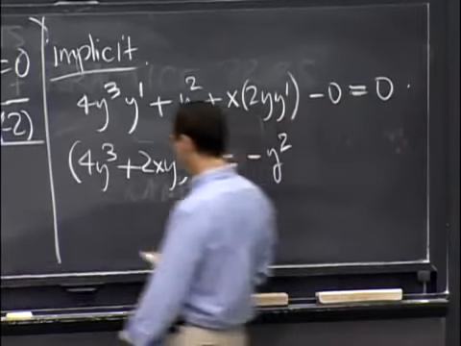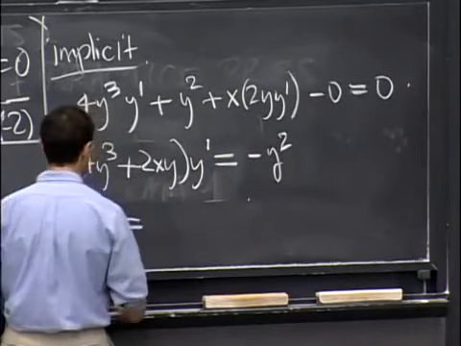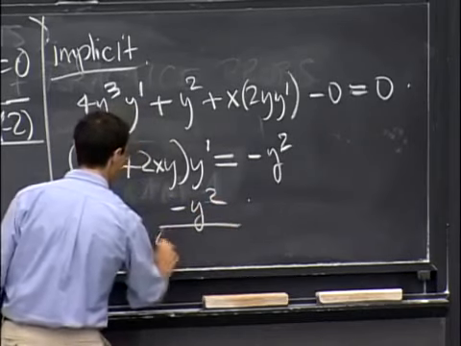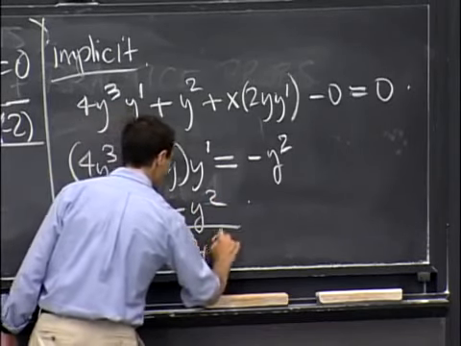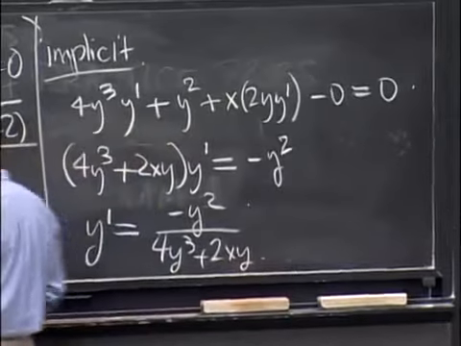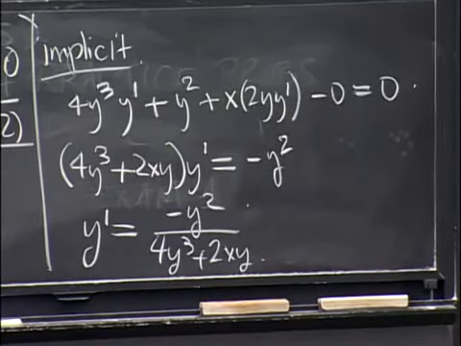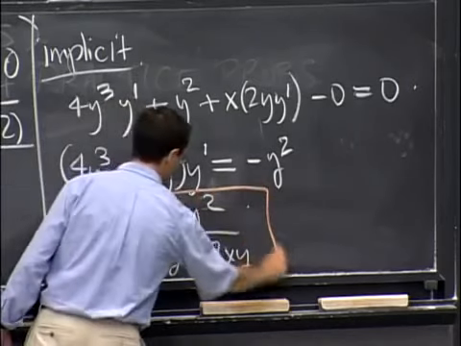And so the formula for y prime is minus y squared divided by 4y cubed plus 2xy. So that's the formula for the solution, for the slope.